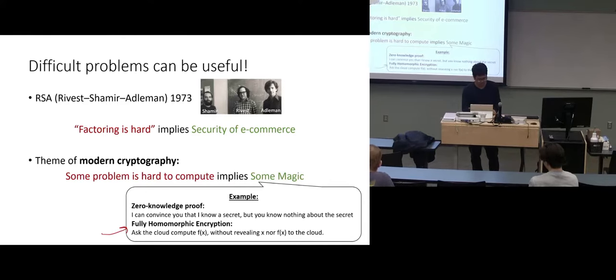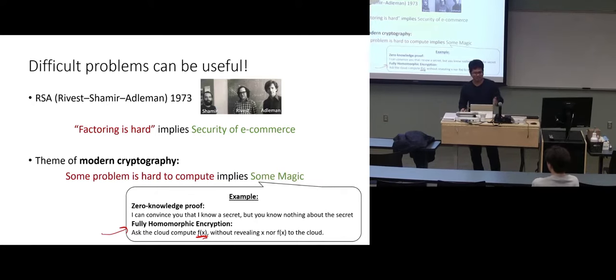Another thing is called fully homomorphic encryption. This is another useful thing. Imagine that you want to ask something to the cloud computer, but the information that you want to ask is so sensitive. It's some private information, like I want to know if I have some disgusting disease or something like that. So basically I want to compute some function f of x.